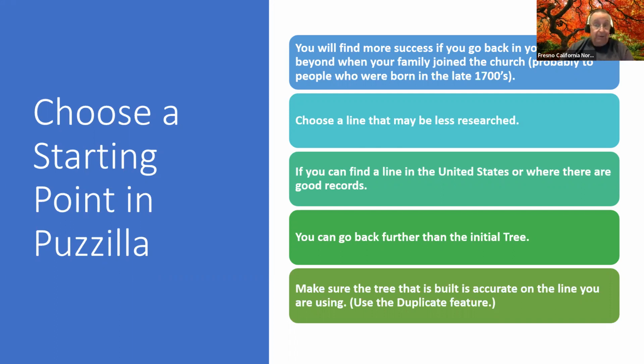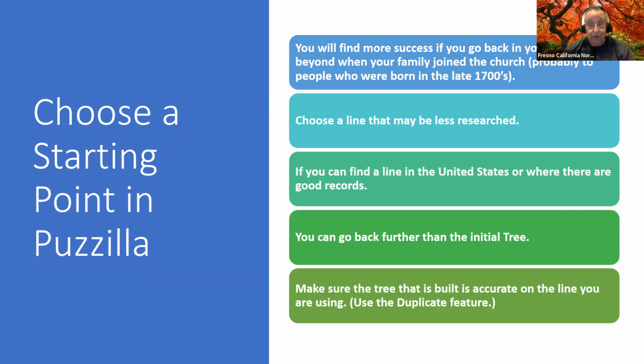Choose a line that may be less researched. You can look at the pedigree in FamilySearch, and you can turn on sources and memories and stories and pictures, and you can kind of get a feel for what lines are busy and which lines aren't. The less researched the line is, the more success you'll have.